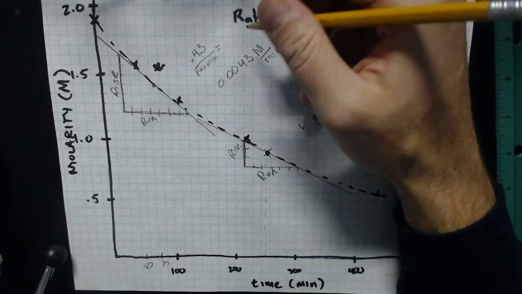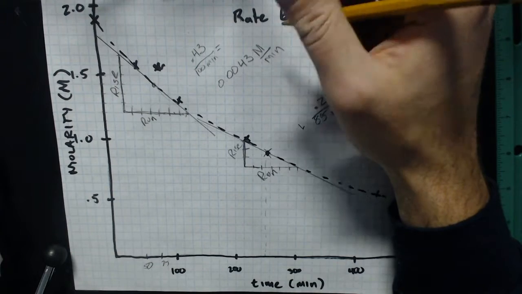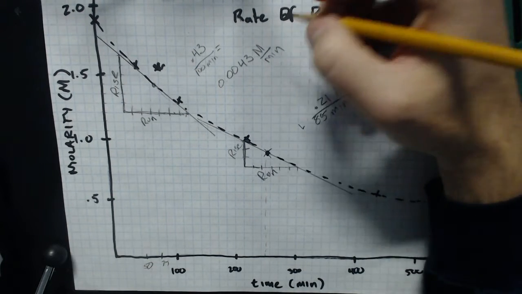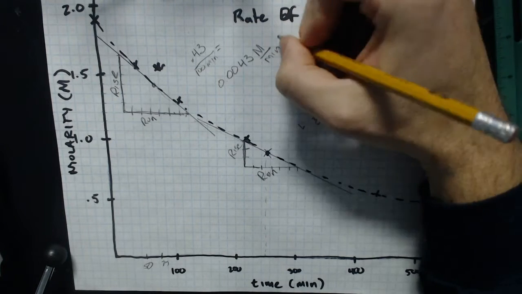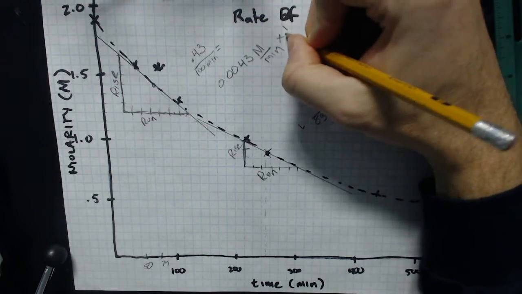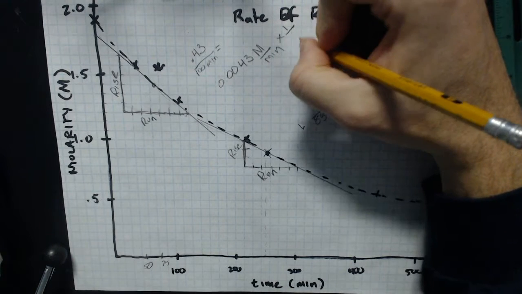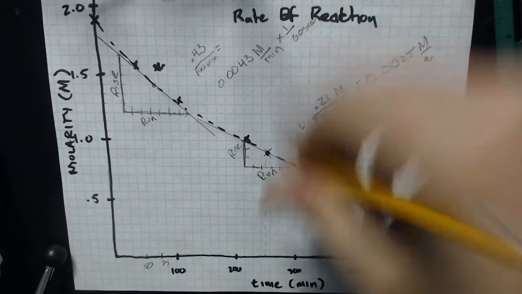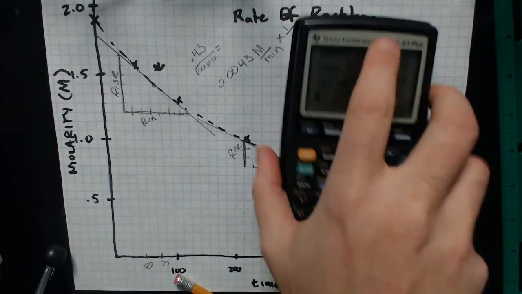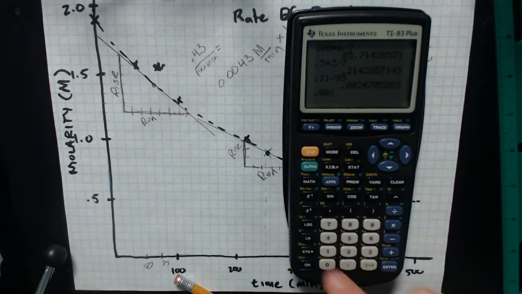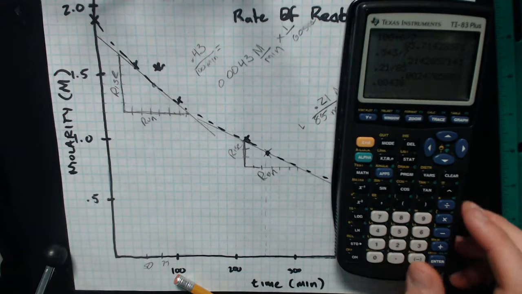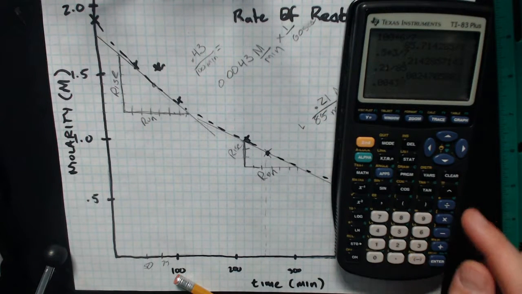And so I guess the last thing it asked us to do is to convert this into molarity per second. So now we're going to take that and we're going to multiply every 1 minute by 60 seconds. So we're going to take 0.0043 molar per minute, and for every 1 minute we get 60 seconds.